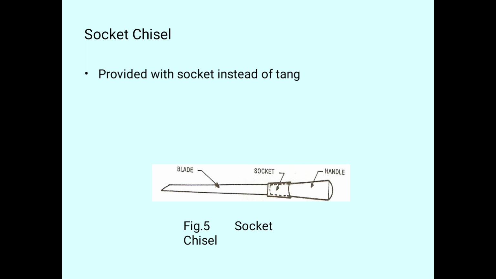How do we fix the blade to the handle in the previous cases, that is in firmer chisels and the different types of firmer chisels? We insert the tang into the handle hole, but here we are not inserting any tang.